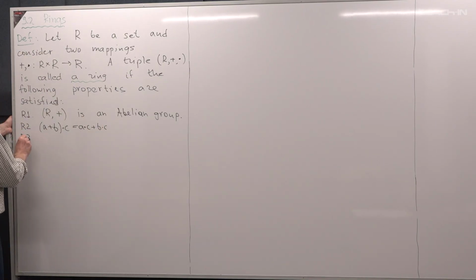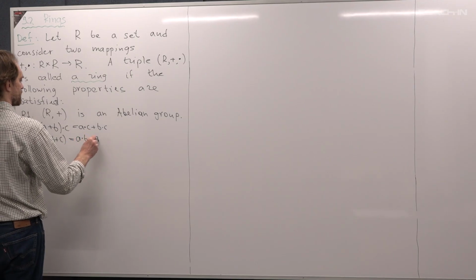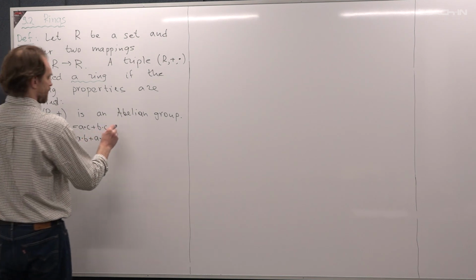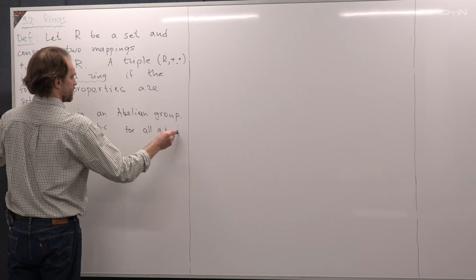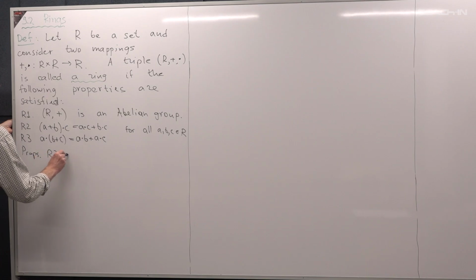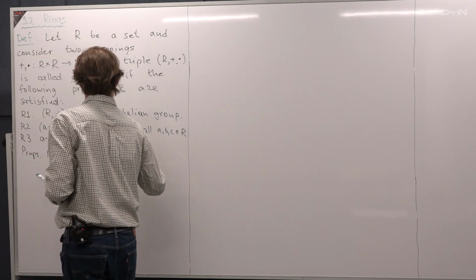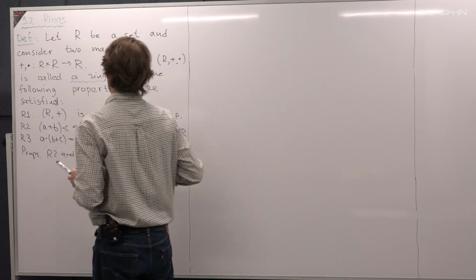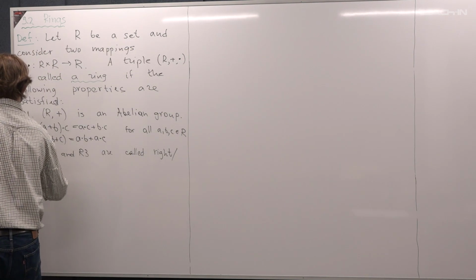And R3: A multiplied by (B plus C) equals A multiplied by B plus A multiplied by C for all A, B, C from the set R. So the properties R2 and R3 are called right and left distributivity.